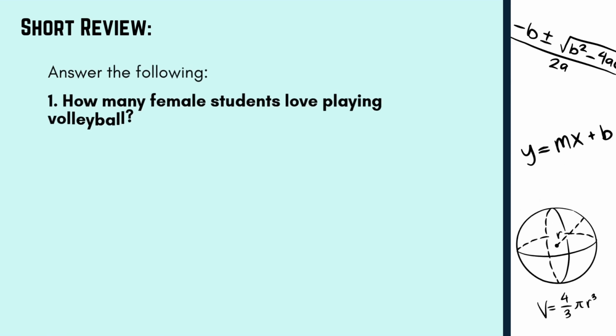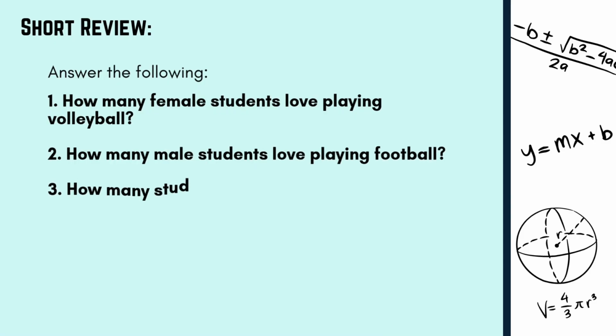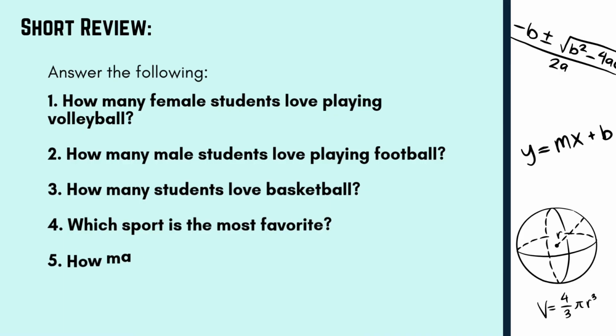So let's digest the graph. How many female students love playing volleyball? We have 30 female students who love playing volleyball. How many male students love playing football? We have 15 male students. Number 3, how many students love basketball? So 35 students.